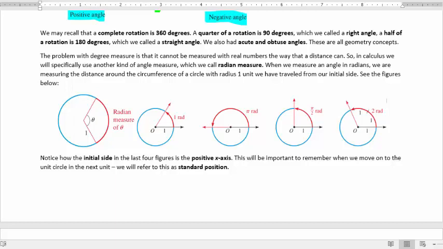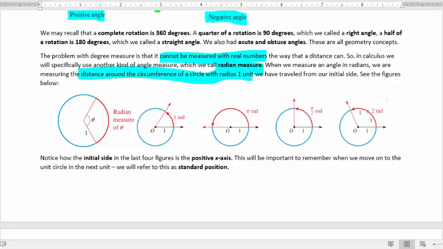So now the problem with measuring in degrees is that degrees are not real numbers. So we really need some other kind of measure that is actually going to be a real number. So what we do is we use what's called radian measure, because radian measure is actually a distance. Radians measure the distance around the circumference of a circle with radius 1 unit.